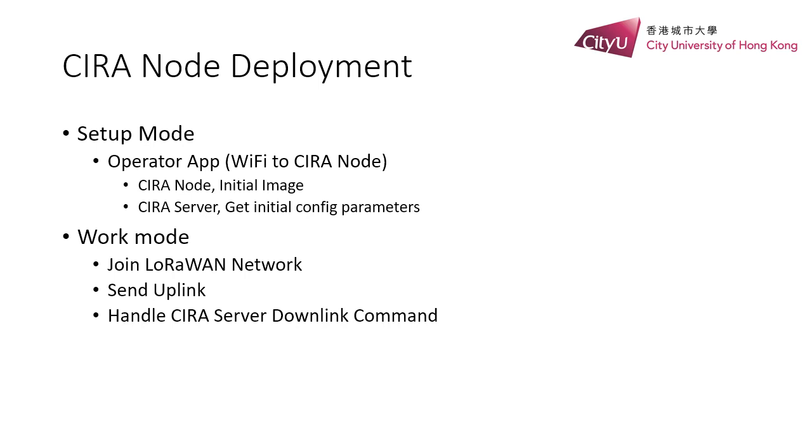An initial image is for the initial condition, so that we can improve user friendliness. Another is we store the 640 x 480 high-quality image to the SD card. Users can collect these photos from the SD card through Wi-Fi when they want. Work mode will follow the CIRA protocol.